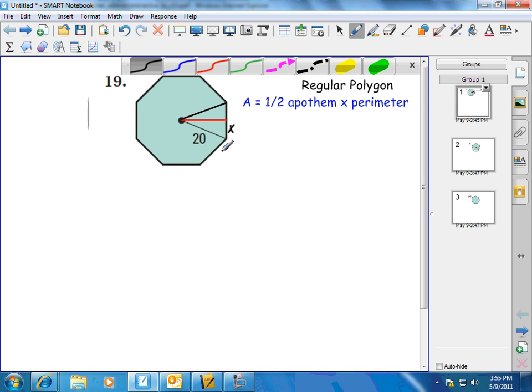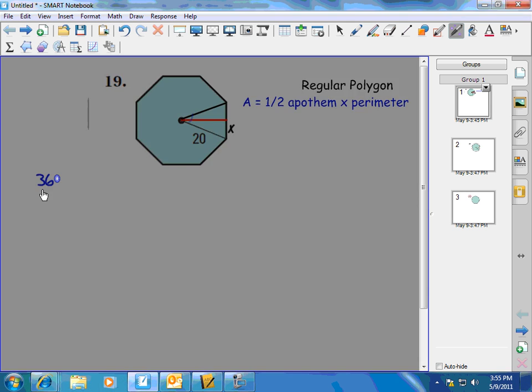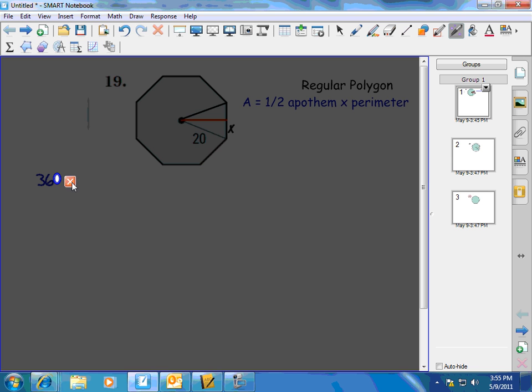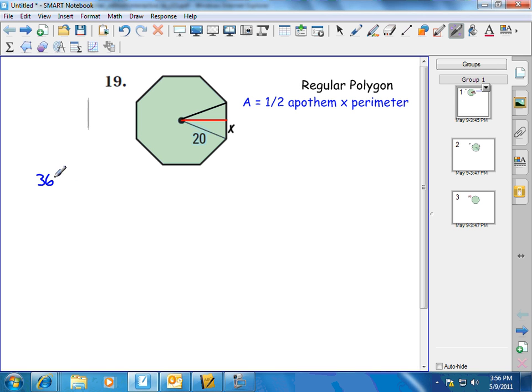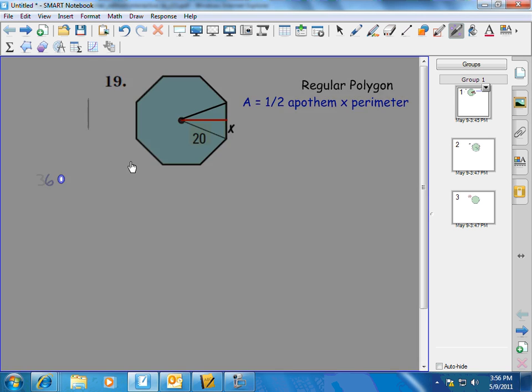Before we can find X, we need some angle measurements. We need to know what type of right triangle we have. Notice the apothem creates two right triangles. So I start with the central angle.